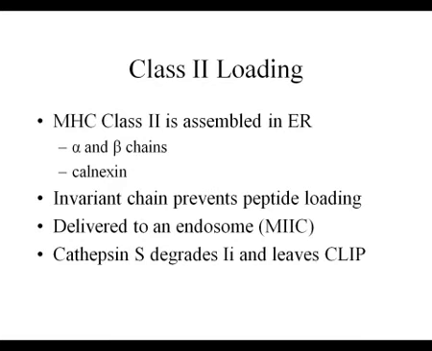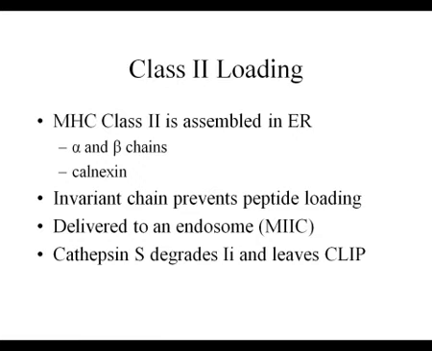Okay, class 2 loading. So MHC class 2 is also assembled in the endoplasmic reticulum, and if you will remember, it just has an alpha chain and a beta chain. It's not alpha and beta 2 microglobulin, it's an alpha chain and a beta chain. It is also stabilized by calnexin. So in the endoplasmic reticulum, calnexin grabs an alpha chain and then associates it with a beta chain.